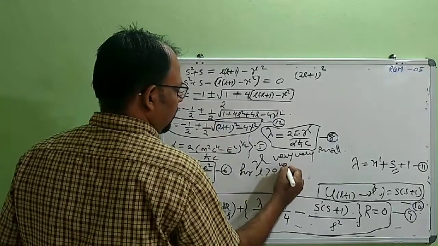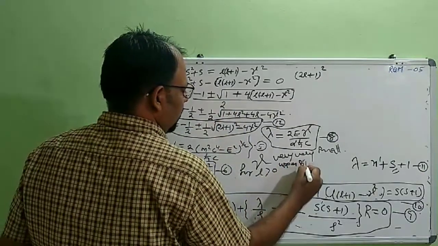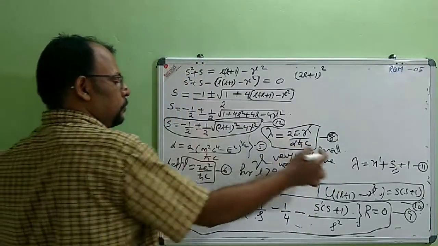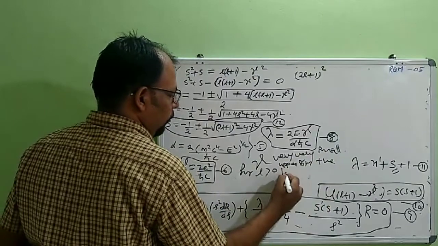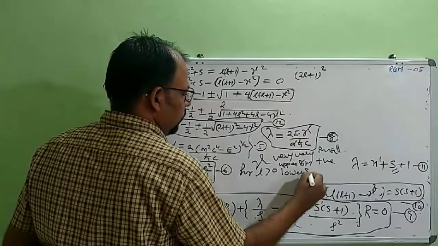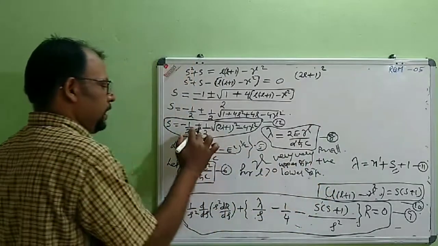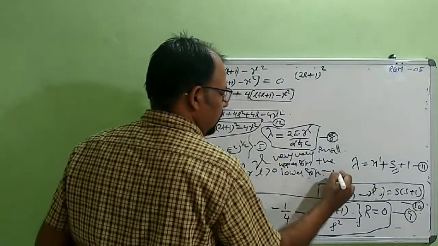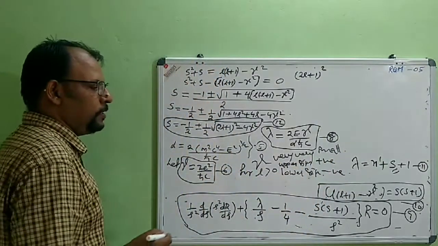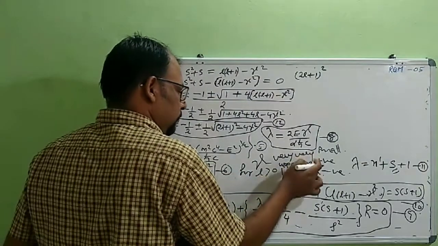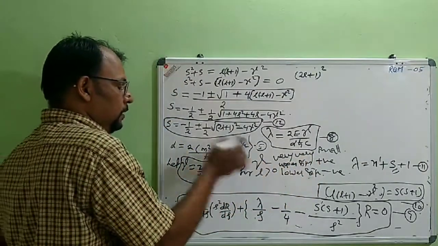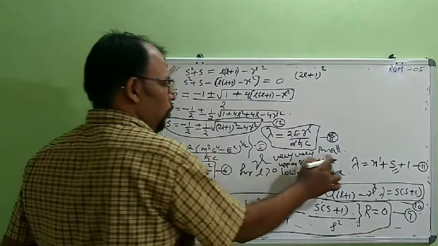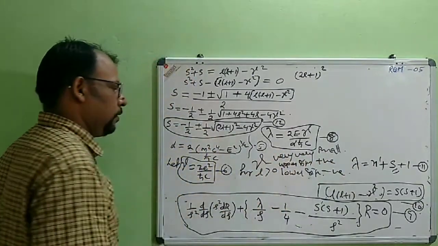The upper sign represents a positive quantity, and the lower sign, minus 1 by 2 minus 1 by 2 into any term, will always be negative. The upper term for s is positive for L greater than 0.